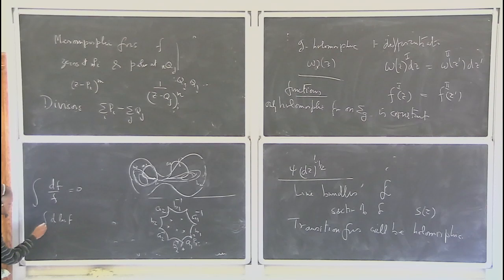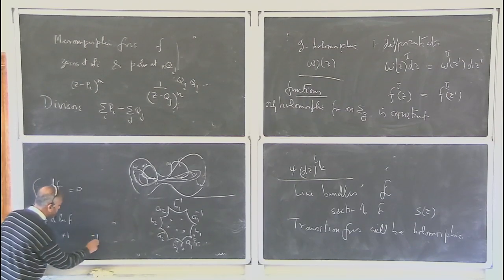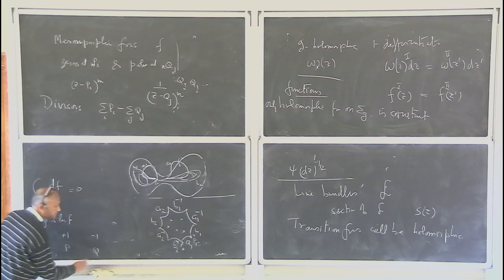So this will be the sum over p_i and q_i, the various zeros and poles, and you just get the residues. Let's take first of all simple ones, either a first order zero or a first order pole. Then for each p you will get a +1, and for each q you will get a -1.